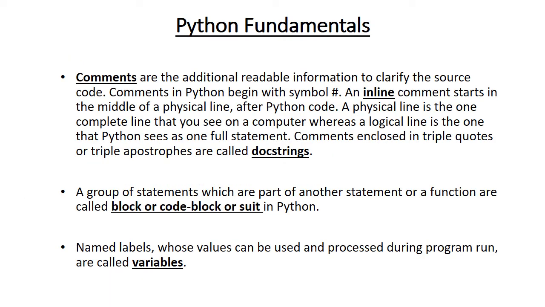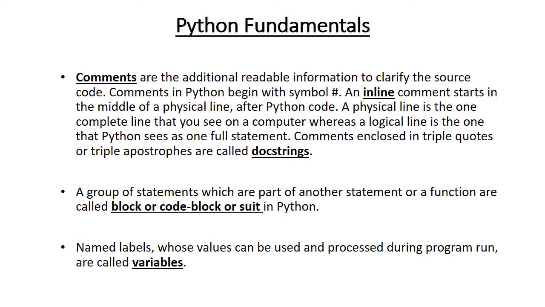Comments. Comments are additional readable information to clarify the source code. Comments in Python begin with the symbol hash. An inline comment starts in the middle of a physical line after Python code. A physical line is the one complete line that you see on a computer, whereas a logical line is the one that Python sees as one full statement.